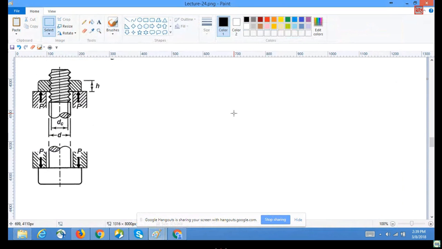If you look at it, this is your bolt head, a kind of shank, and this is your threaded region.